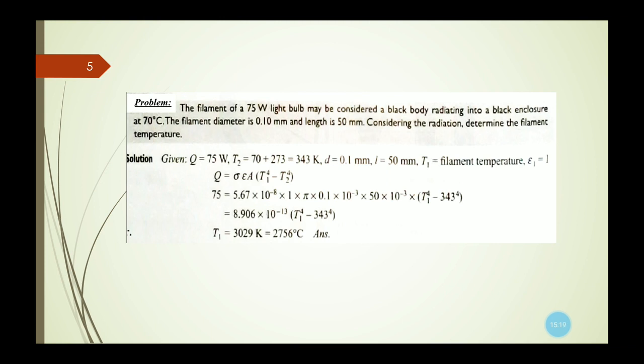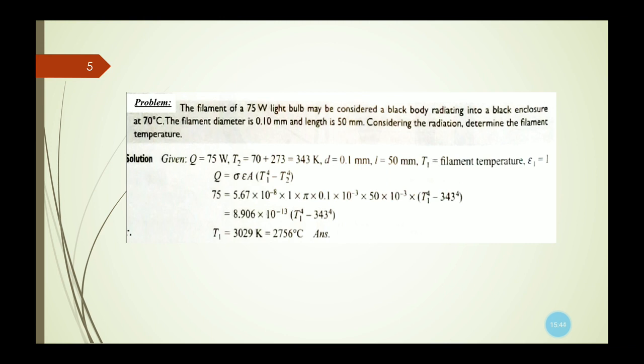The filament diameter is given as 0.1 millimeter and length is 50 millimeter. Now considering the radiation, we need to determine the filament temperature. So this is the question given here.